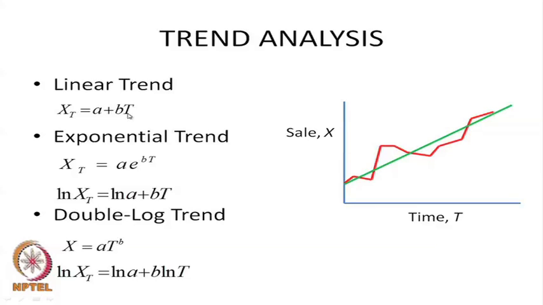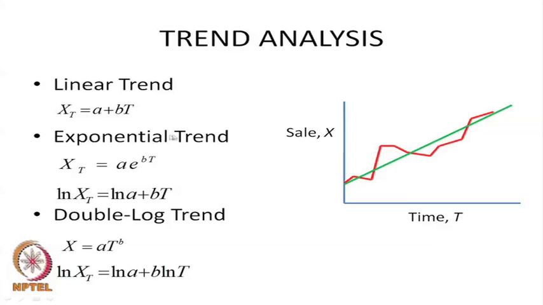So, given a time t, we can find the value of x t, and normally we use the least square estimates, meaning that we take the data, find the error at different time points, and find the intercept a and the slope b. The trend we estimate on the basis of a criterion of minimizing the squared error.